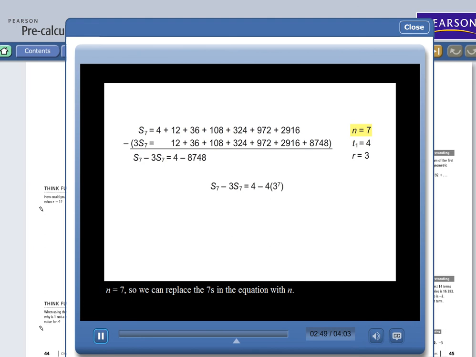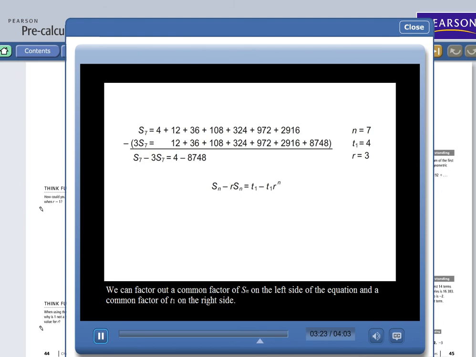N equals 7, so we can replace the 7's in the equation with n. T1 equals 4, so we can replace the 4's in the equation with T1. R equals 3, so we can replace the 3's in the equation with R. Now we have Sn minus R Sn equals T1 minus T1 r to the power of n.